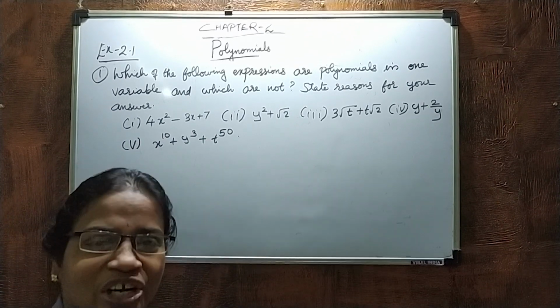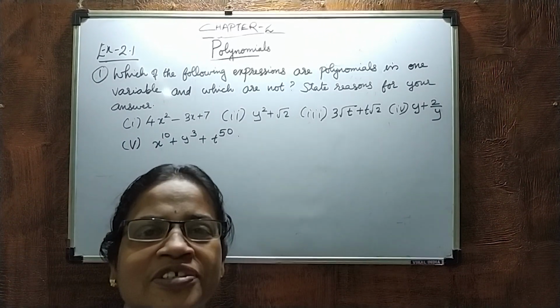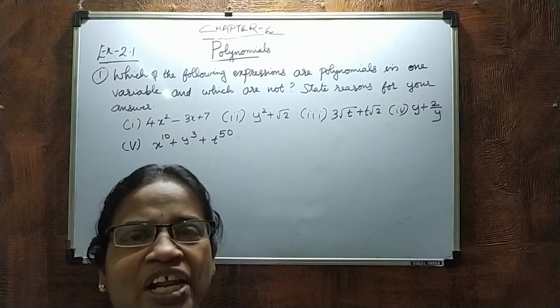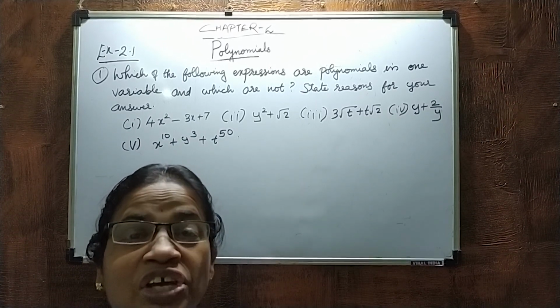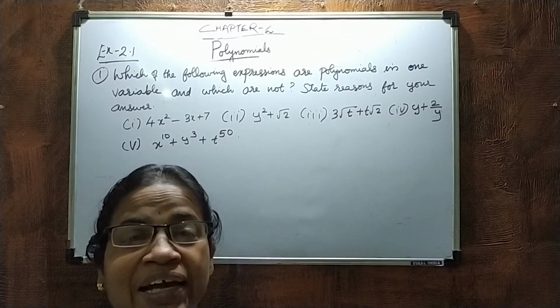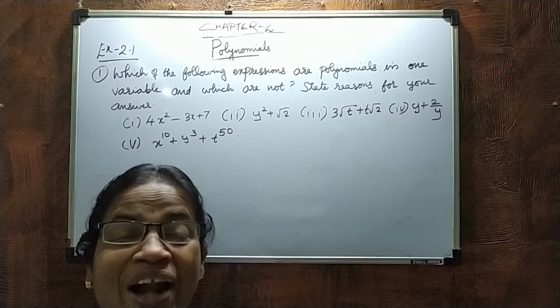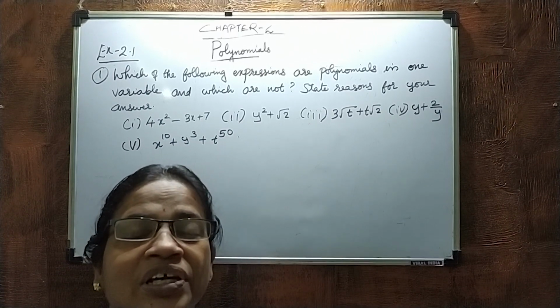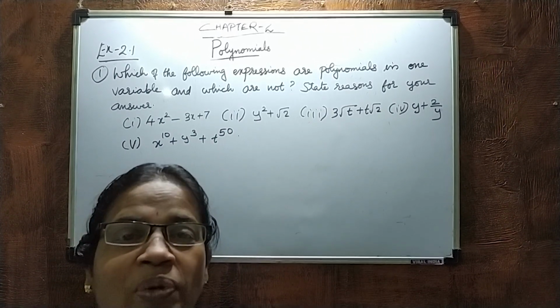And which are not means some expressions are there which are not polynomials. Do you remember what I told about not polynomials? You have to remember the exponents of the variable. If the exponents of the variables come as negative numbers or fractions, like negative 1 by 2, it is not a polynomial.